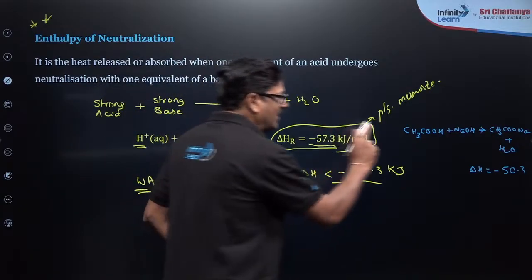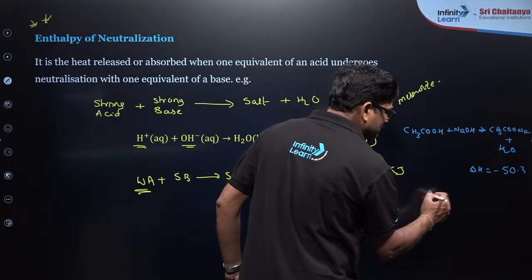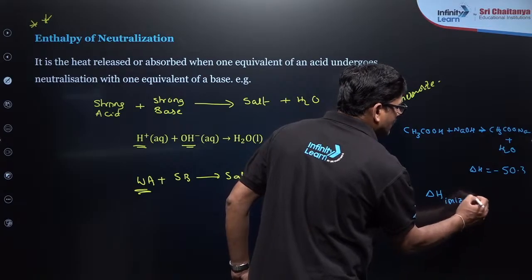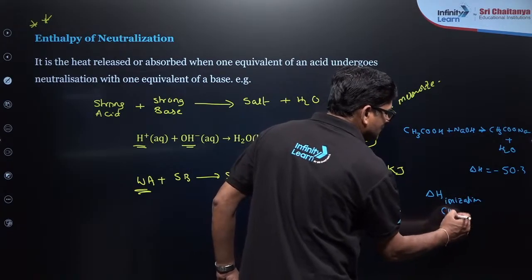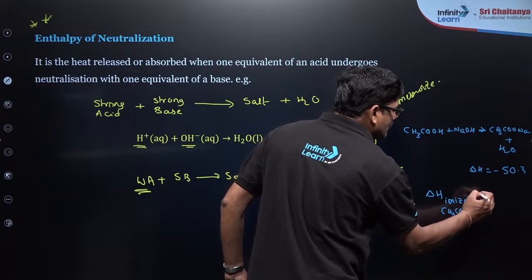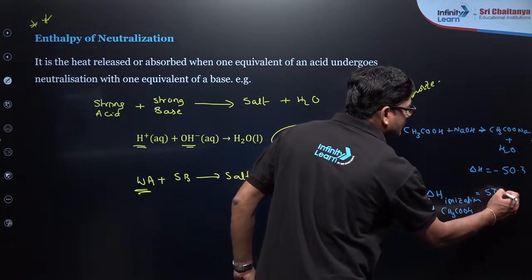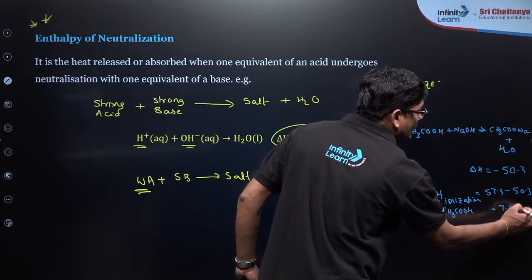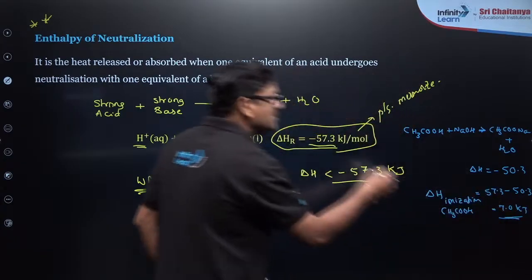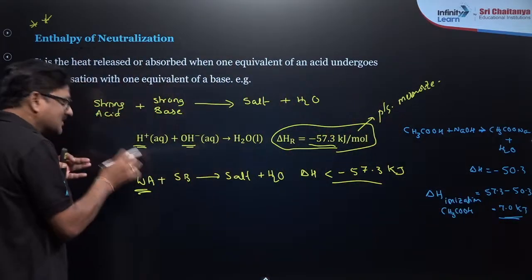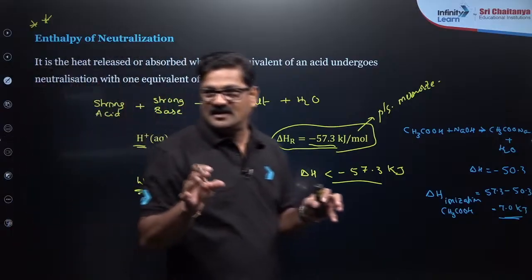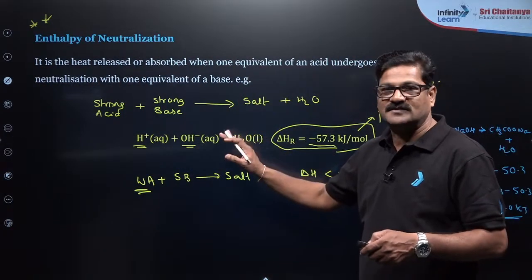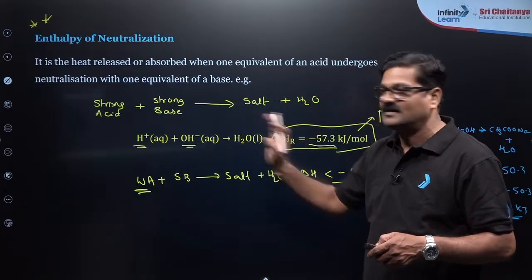So the ionization energy of this CH3COOH is going to be 57.3 minus 50.3, which is 7.0 kilojoules. So that much energy is used to break the acetic acid. So you can use any fundamental aspects of thermodynamics and calculate it.